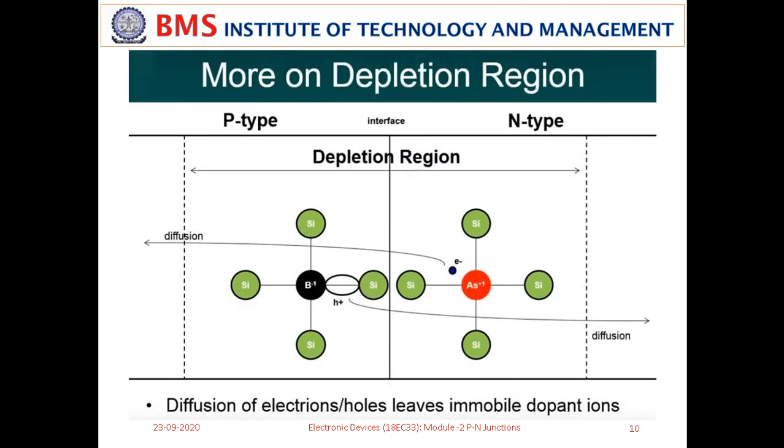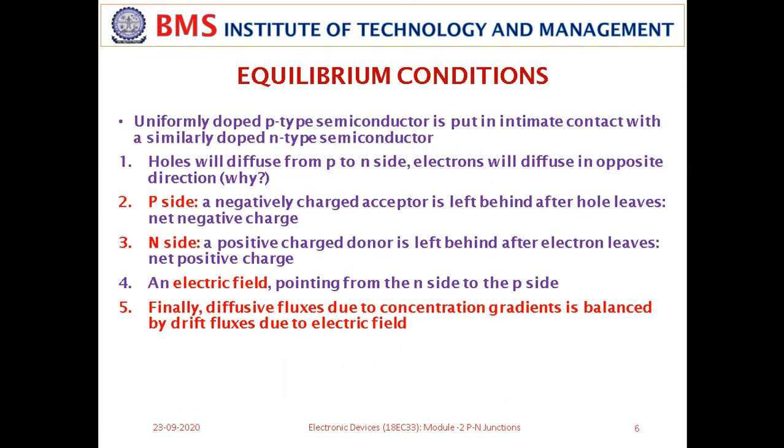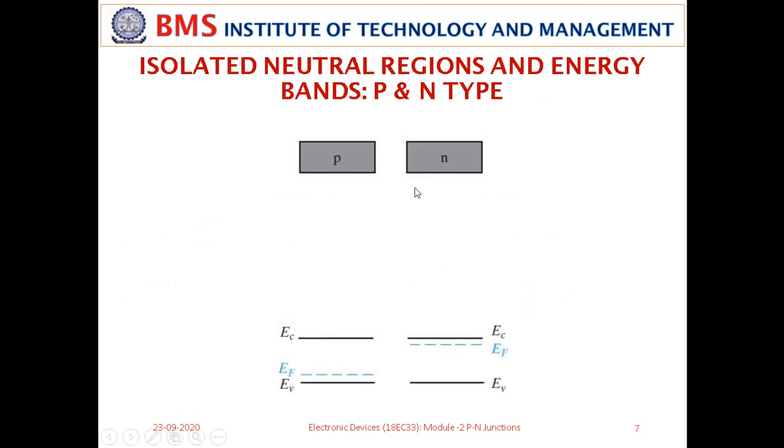So with that, let's move to the previous things we have said. We discussed that to make a p-n junction you bring these two close together, and we discussed diffusion and drift current. We have seen the energy band diagrams individually before contact, and after the contact the Fermi level gets aligned because electrons keep moving from the n side to the p side and the Fermi level has risen.